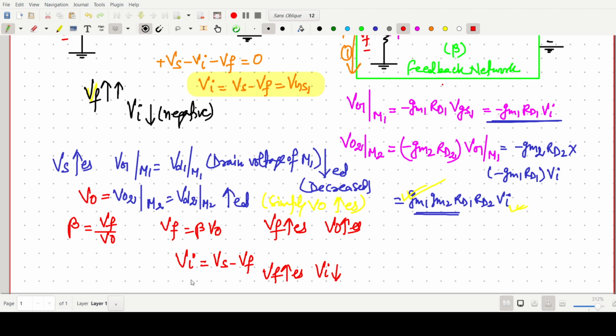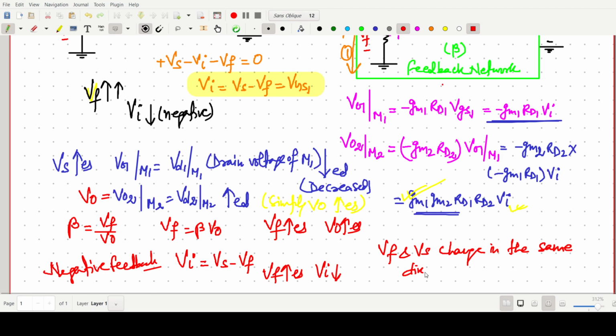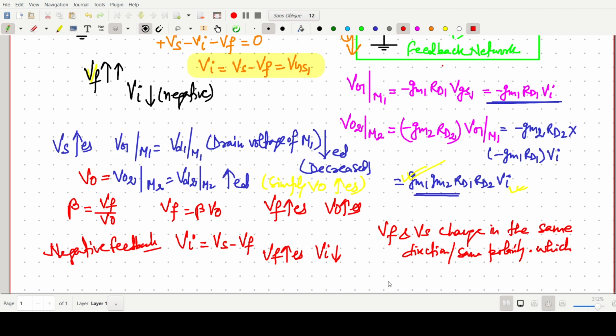So this is negative feedback. In addition, Vf and Vs change in the same direction or same polarity, which verifies that the feedback is negative. So this one is the concept.